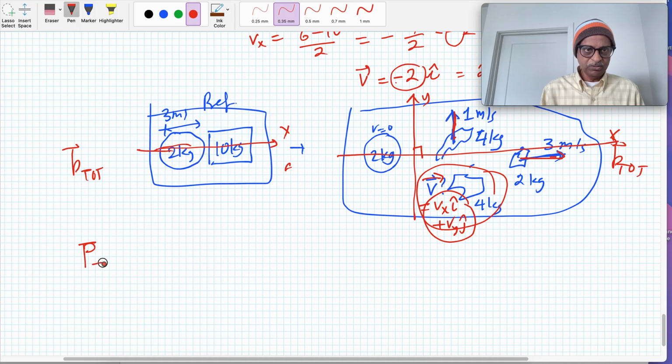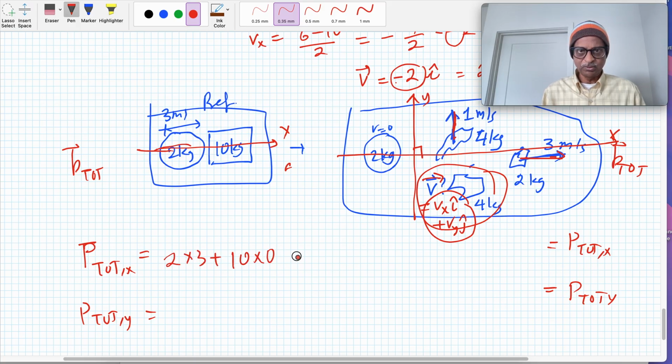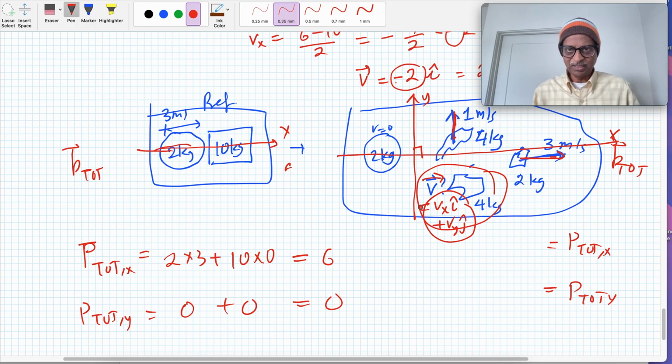Okay, so we have a P total X and P total Y, two situations. They're going to be P total X here and P total Y. So we are going to have to equate this with that. This one is just 2 times 3 plus 10 times 0 is 6, and for Y, 0 plus 0 equals 0. On this side, this becomes 0.